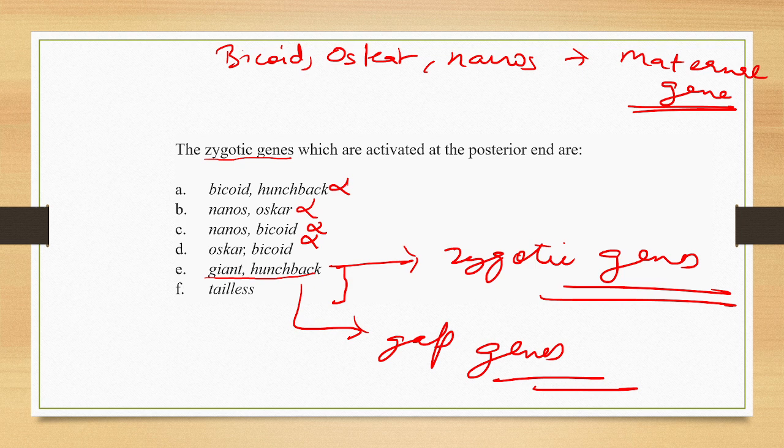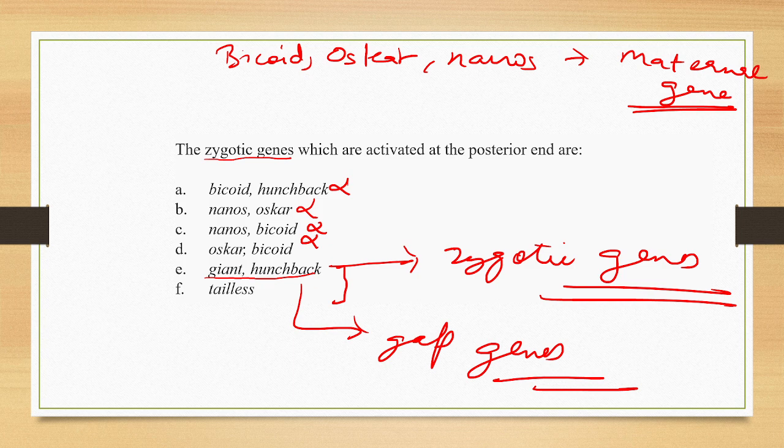If you remember, in the starting of the lecture, I told you about hunchback. Always remember this about hunchback, that hunchback is majorly involved in anterior axis formation, but in a very narrow domain it is also expressed in the posterior region.